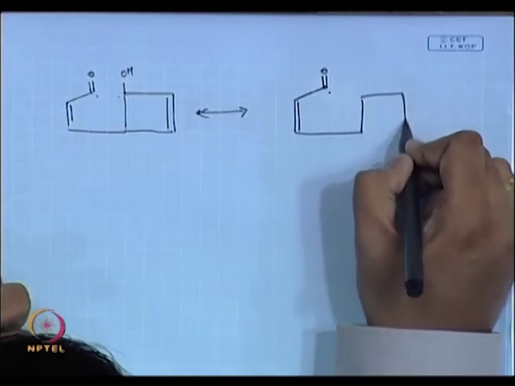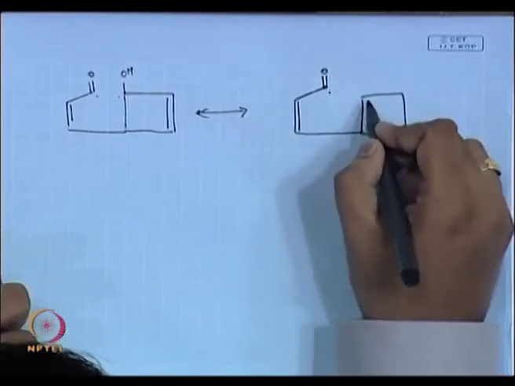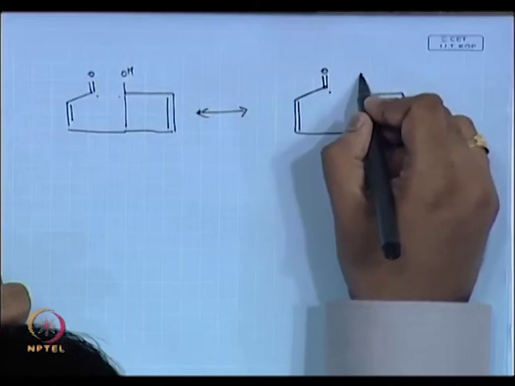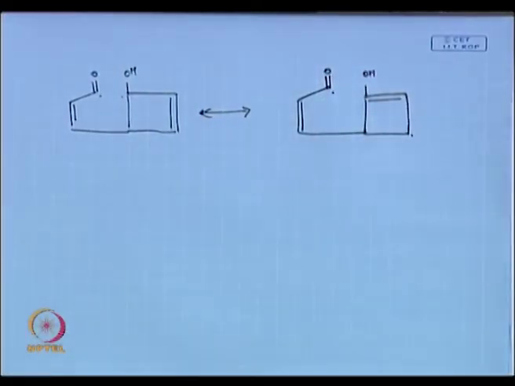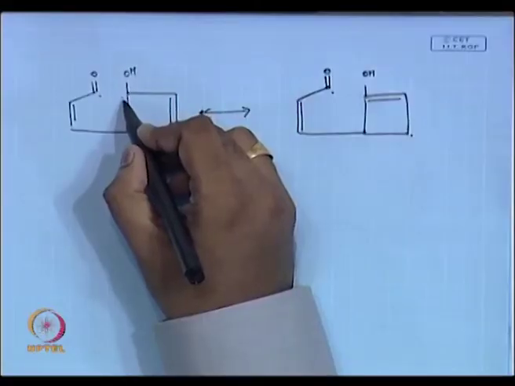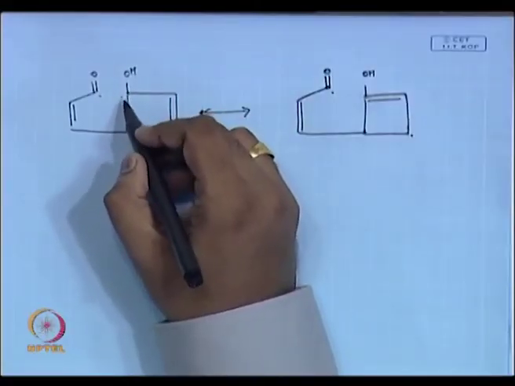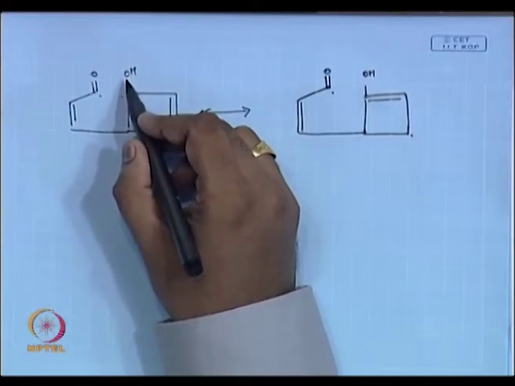So, can I write the structure like this? Alright. So, I am just slowly involving the double bond there. I said you do not want a carbon with a radical with an OH, right.